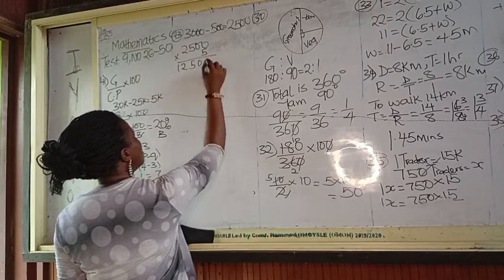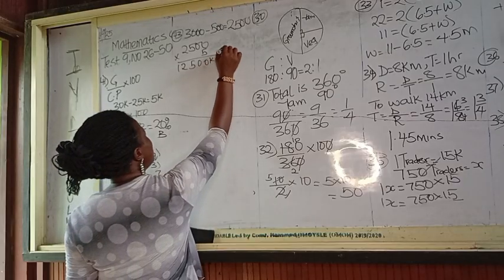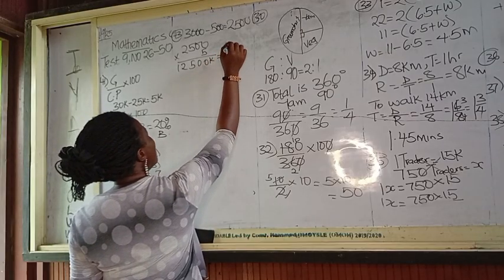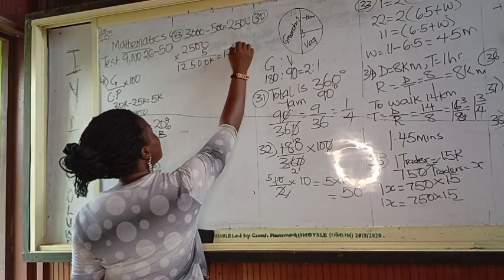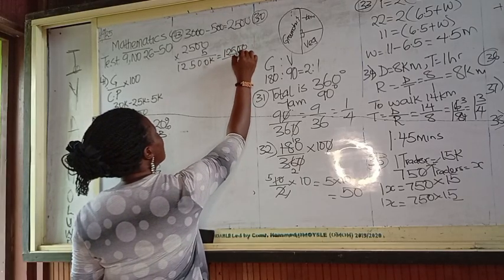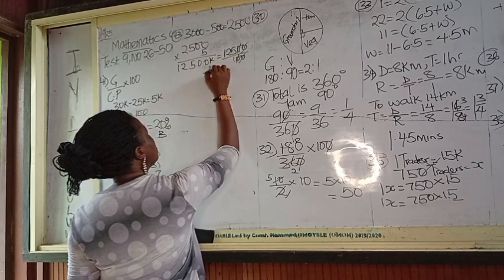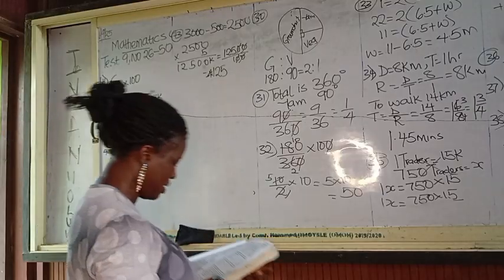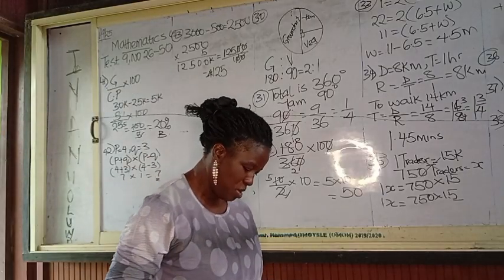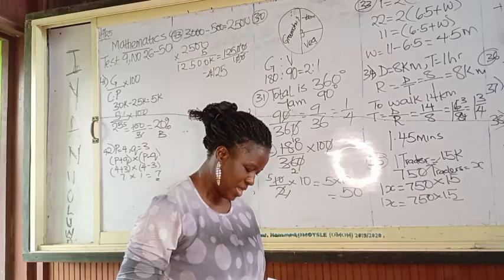That is 125,000 kobo. So to take it to naira, we divide by 100. So that's going to be 125 naira. So the man's tax on 2,500 will be 125 naira.